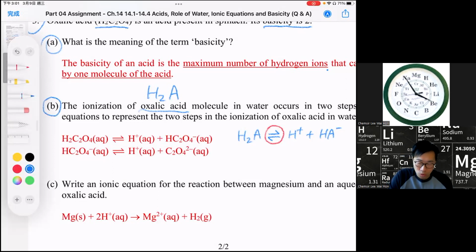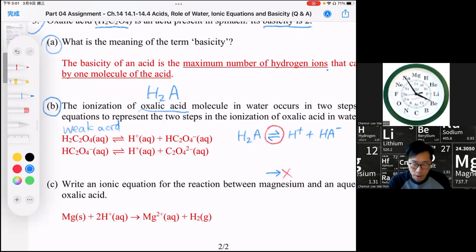In case you write an arrow like this, I'm so sorry, this is incorrect, because oxalic acid is just a weak acid. You really have to know that some acids are strong, some acids are weak. So maybe I will tell you later which acids are strong, which acids are weak.